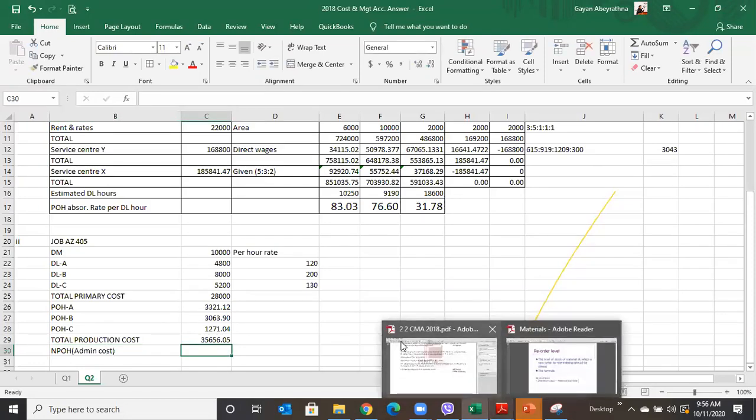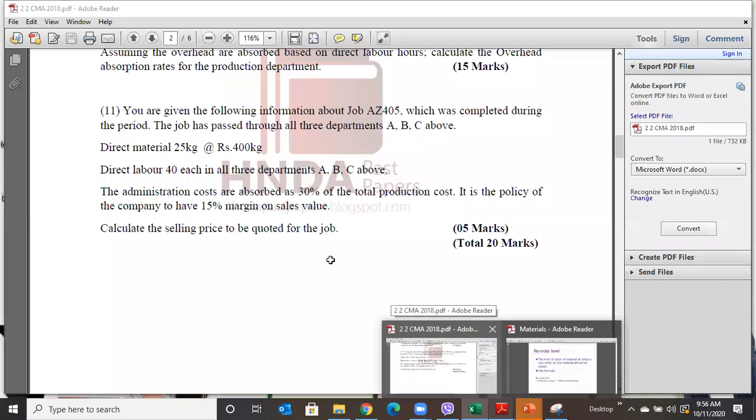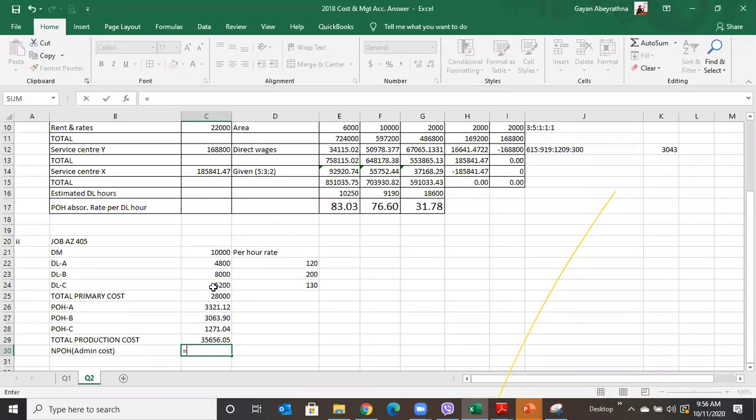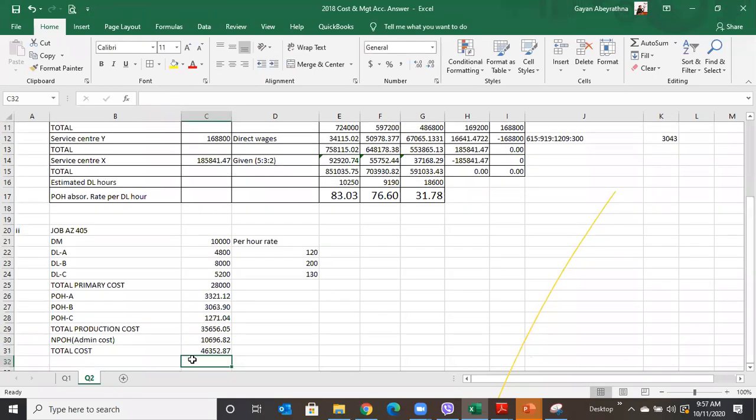It has mentioned admin cost 30% equals this total production cost into 30%. Then this is the non-production overhead cost. Then you can get total cost. Total cost of this job is total production cost plus non-production overhead, or otherwise admin cost. Then the answer is 46,352.